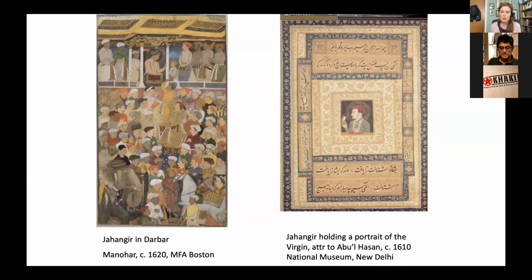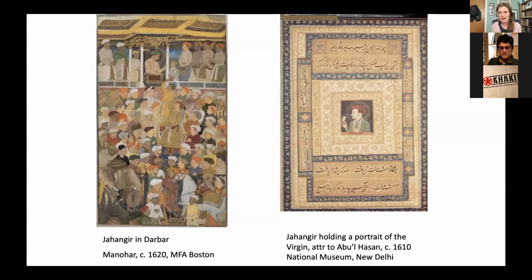And we see how the Mughals themselves create an association between the idea of Mary as a perfect mother, an ideal mother, and their own royal mothers, because Hamida Banu Begum is given the title Maryam Makani, in the place of Mary, and Jahangir's wife is given the title Maryam Uzzamani, Mary of the age.